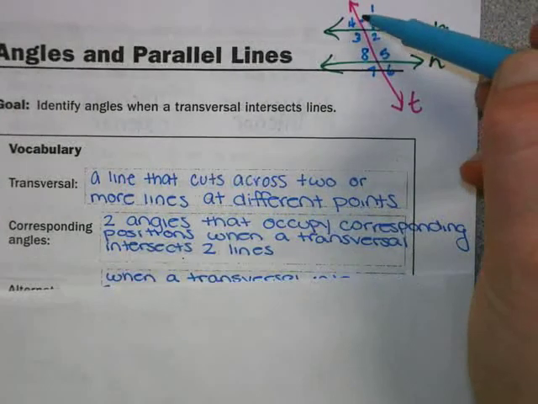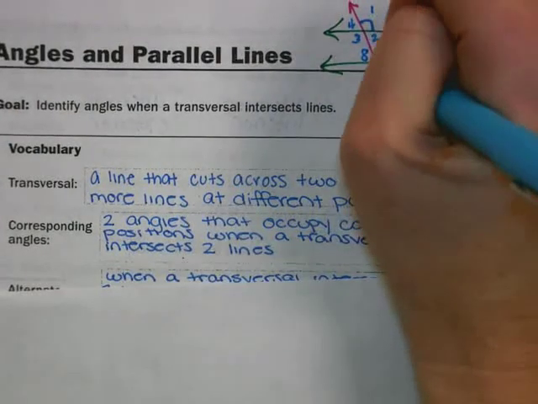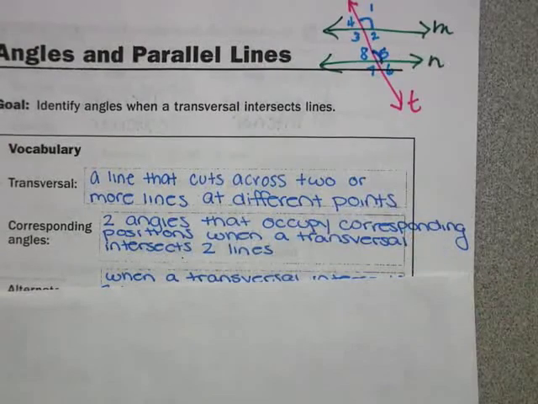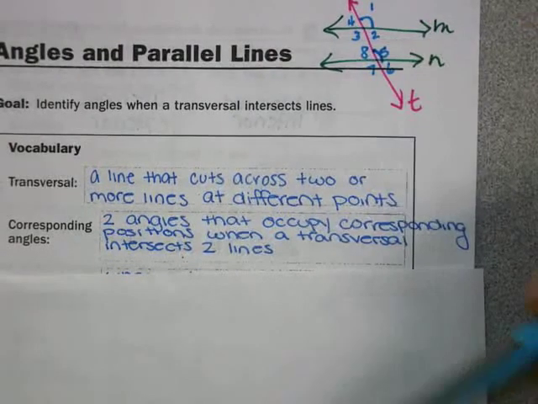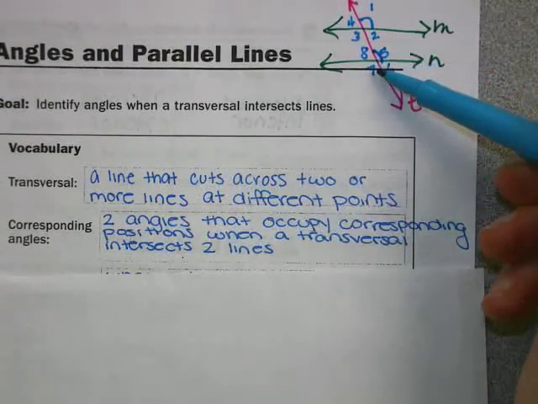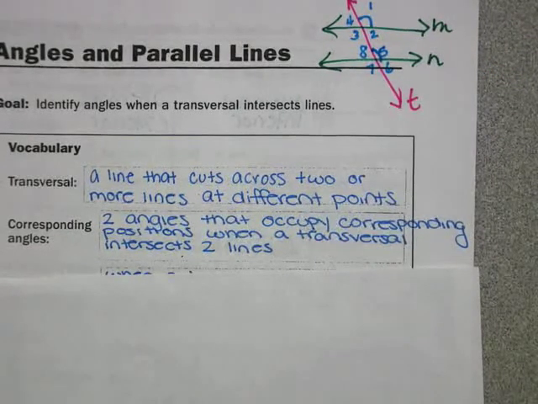Which angle down here? Right, it would be angle 5. So these are in corresponding positions. Angles 4 and 8 are in corresponding positions, 3 and 7, and 2 and 6. They're in the same spot. Okay, so that's what it means by corresponding angles, angles that are in the same position.